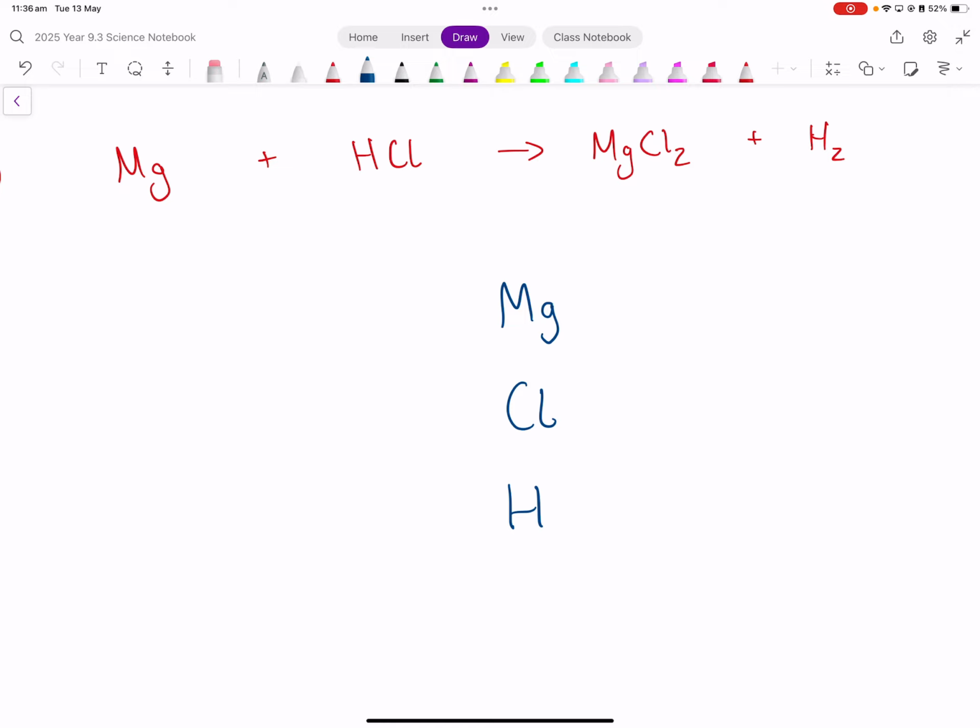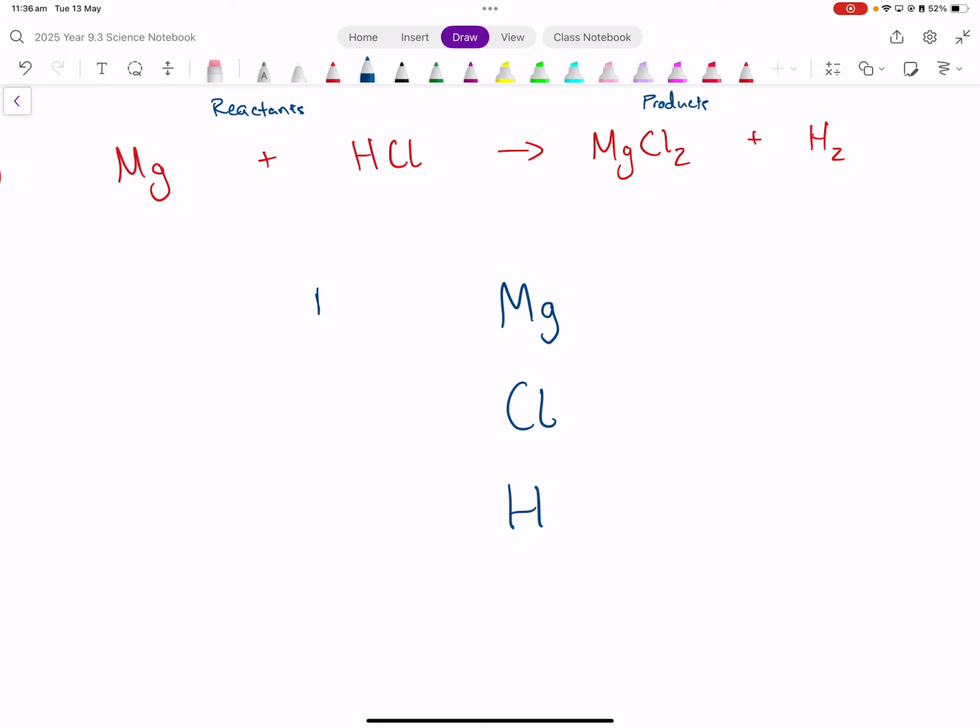So when we have a look at the left-hand side of this equation, these are called the reactants, okay? So maybe I'll write that just above here to make it clear for us. Reactants on the left, products on the right. How many magnesiums do I have on the reactant side? 1.